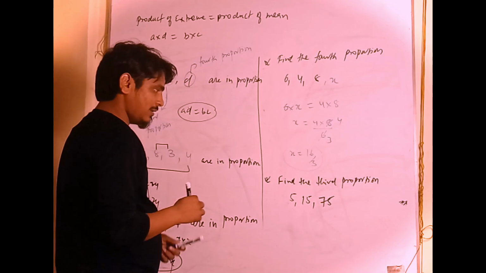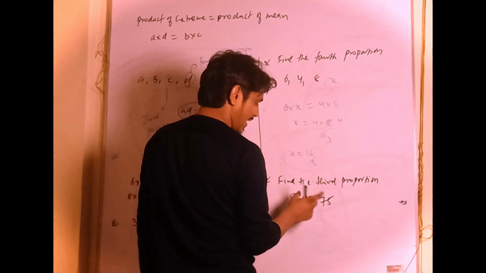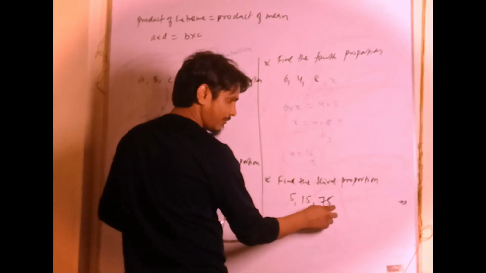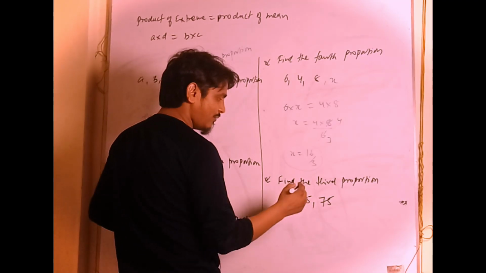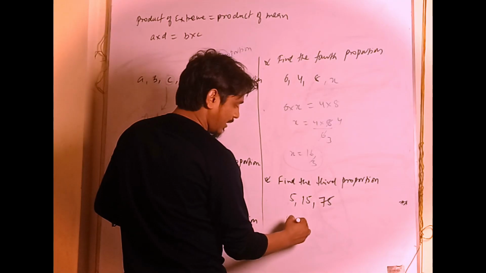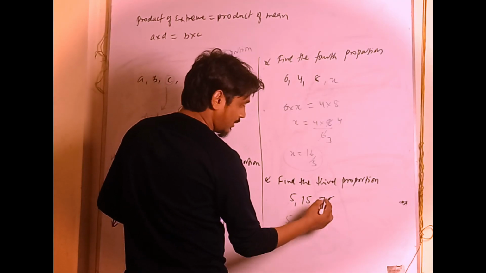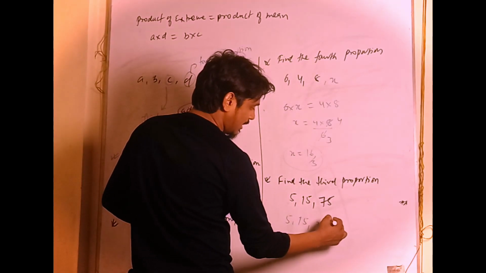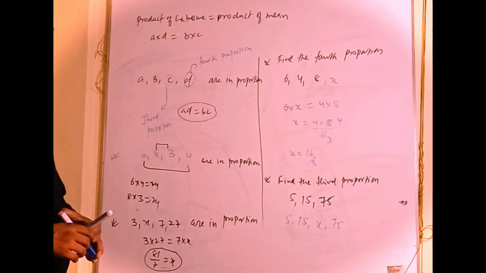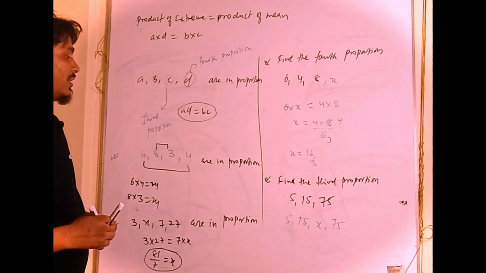We need to find the third proportion. It means this is the first, second, and this is the fourth one. So we take the third proportion just before this number. Let's say 5 and 15 are the first two, the third proportion is x, and then we have 75. Now we can use the product of extremes and the product of means to get the value of x.